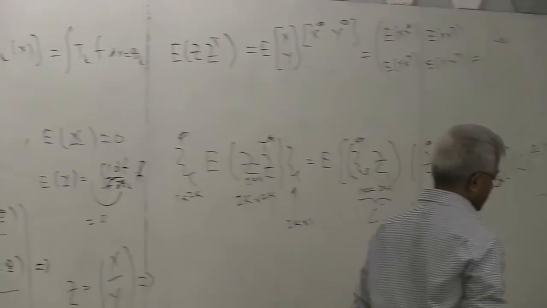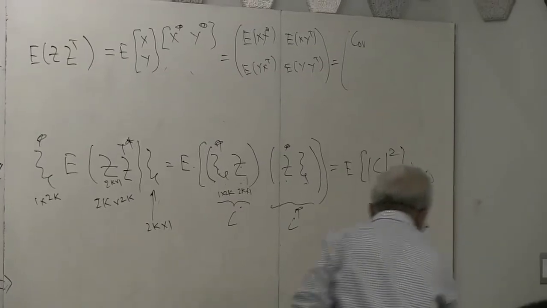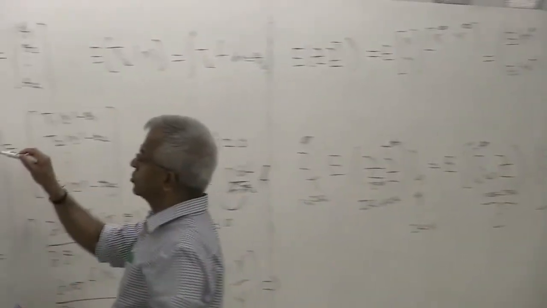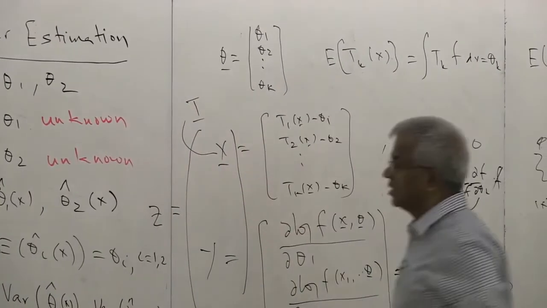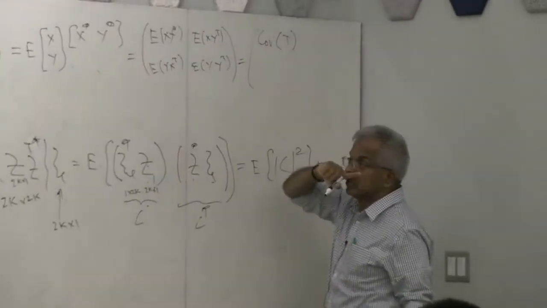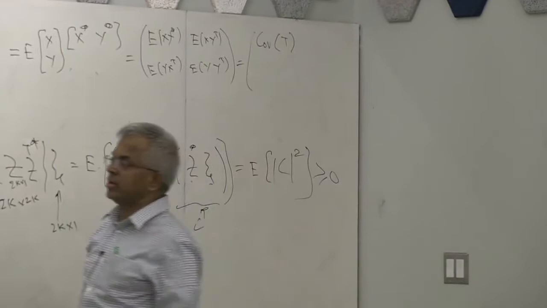So let me write it as t rather than x. Anyway, it is too late, but you also denote this as t, because t is that vector of all the t1, t2, tk.